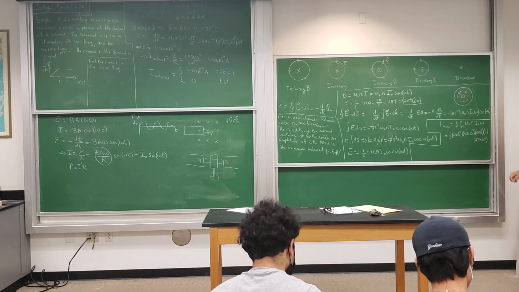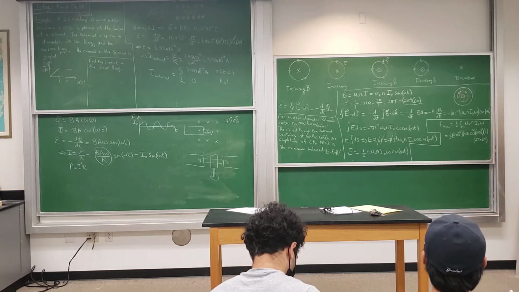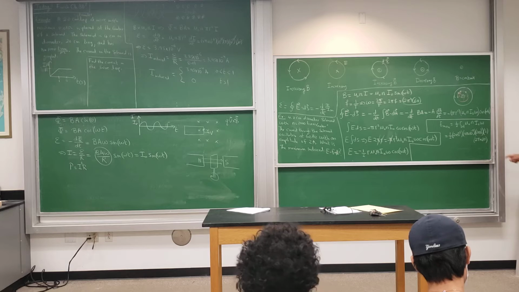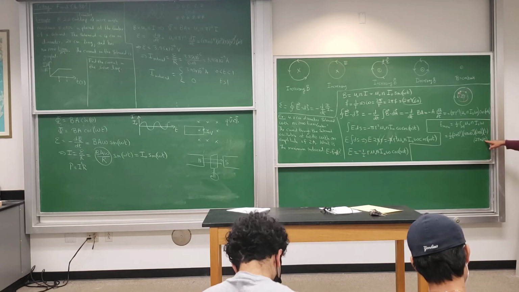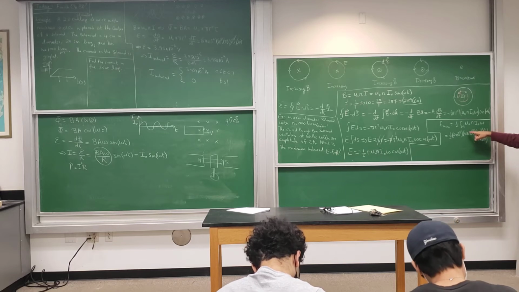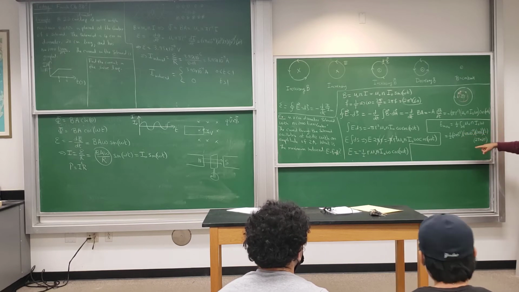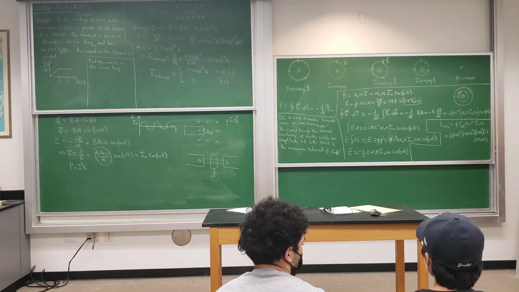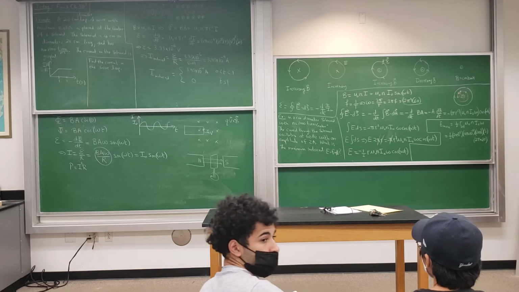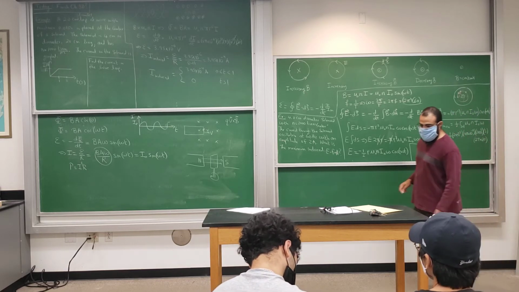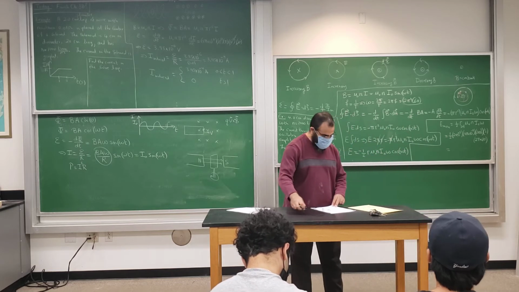Well, we have to put all these numbers together. Let's see here. So you got 10 to the 4, 10 to the minus 3, 10 to the minus 5. Something times 10 to the minus 4, minus 5, probably minus 4. Let's see if what you get matches with what I have.